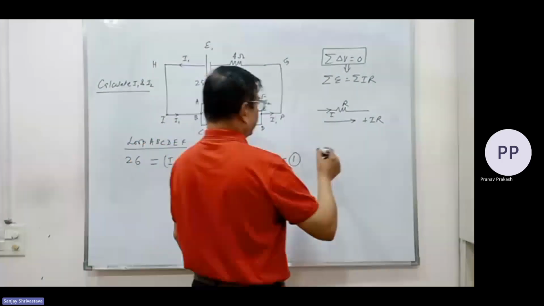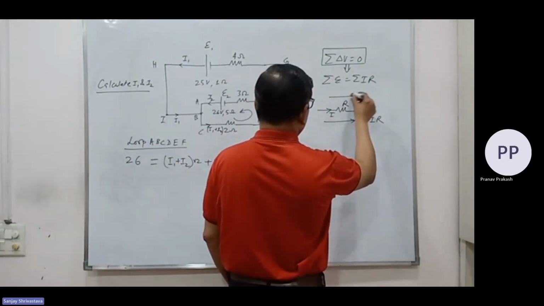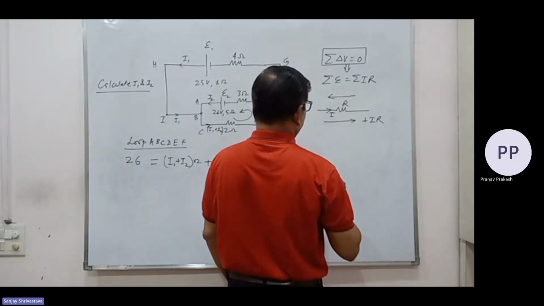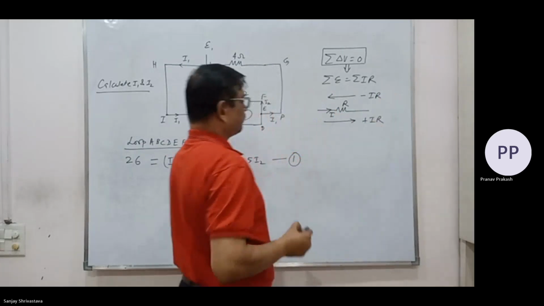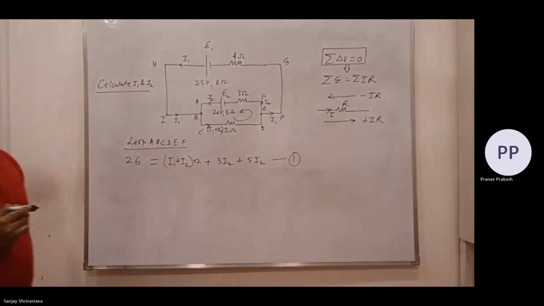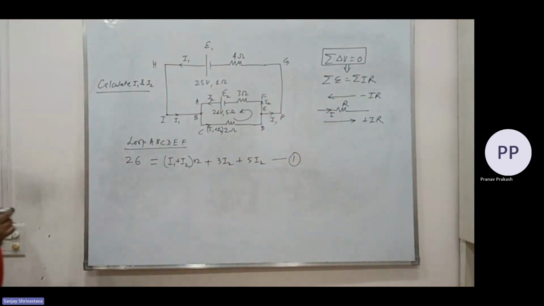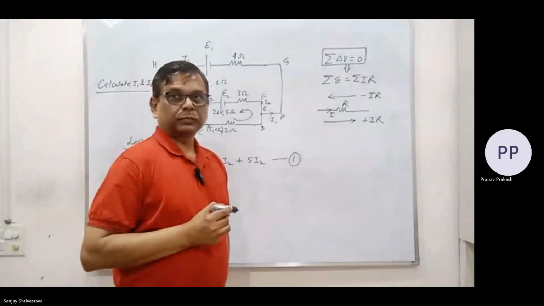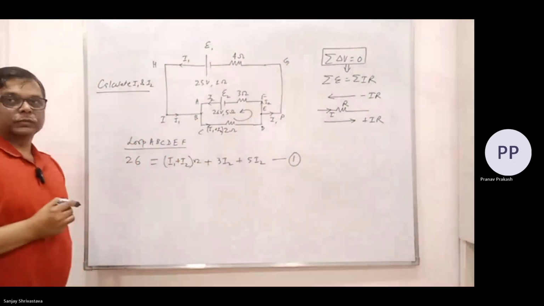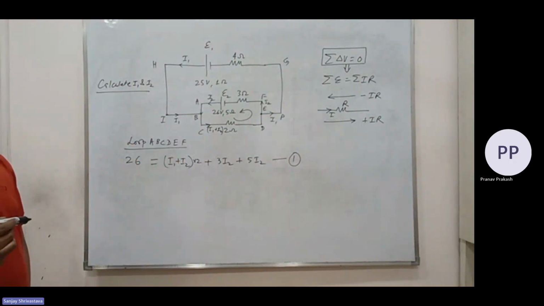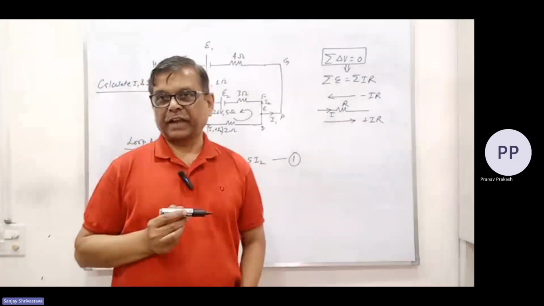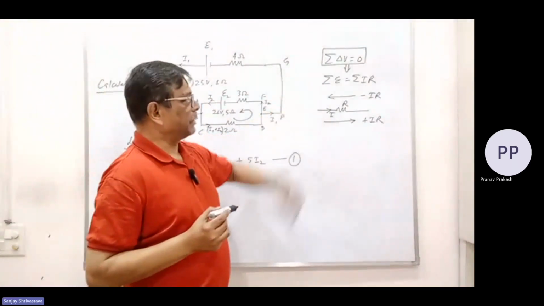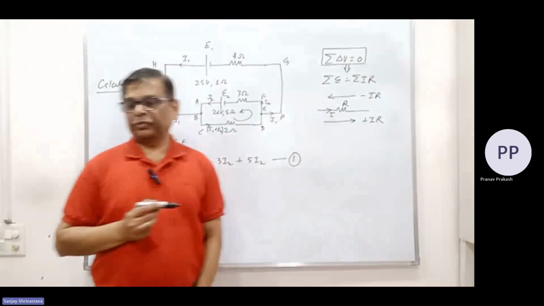If the direction of current and direction of path are opposite, then this will be minus IR. This is how we made a simple rule. There are various methods explained in the books, and we need to pick the simplest one. I find this is the simplest one: sigma epsilon is equal to sigma IR.